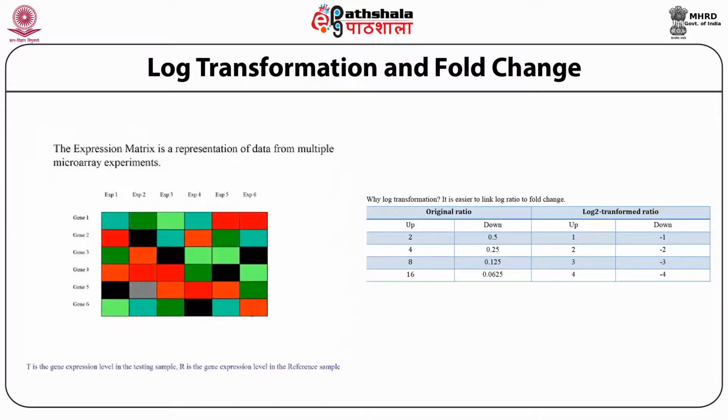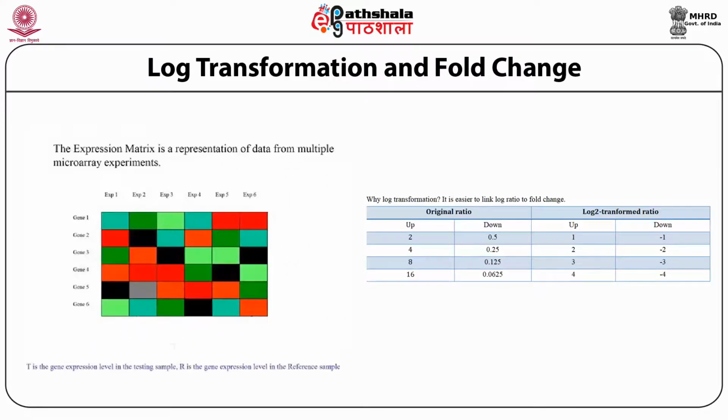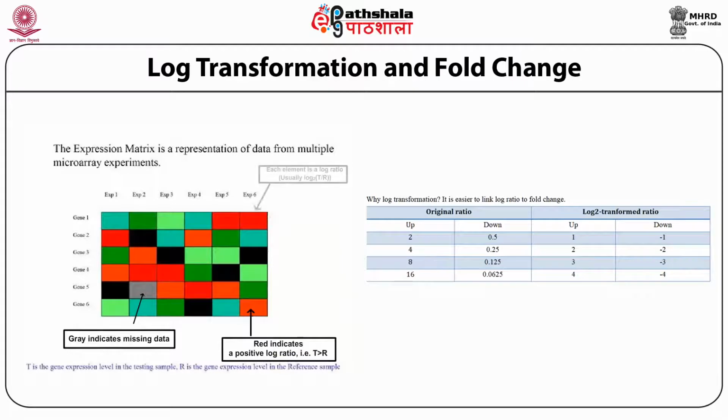Now they look very uniform, the upregulated and the downregulated, and it is much easier to visualize and understand rather than dealing with fraction values. That is the whole purpose why, in the majority of cases, microarray data is represented as log2 fold change.